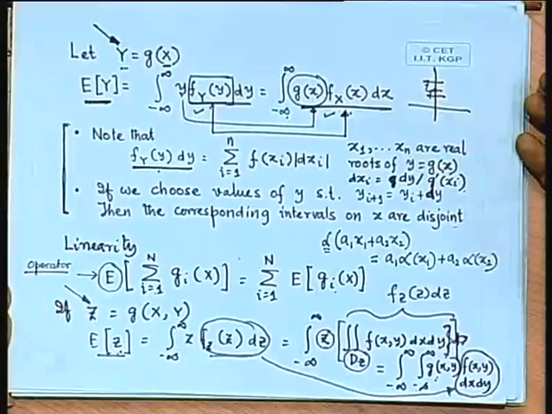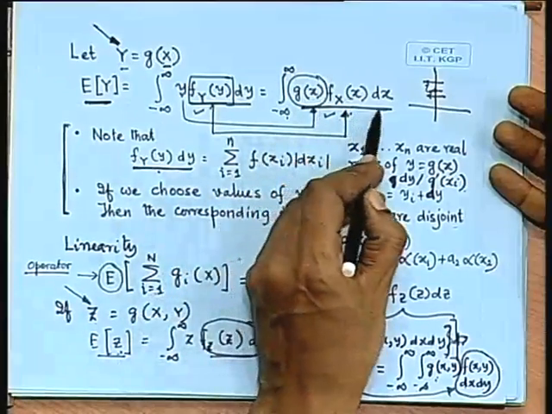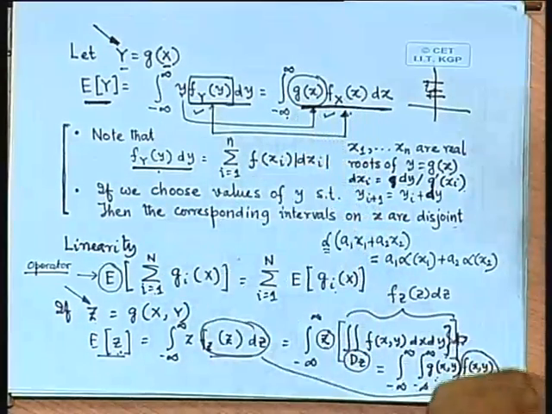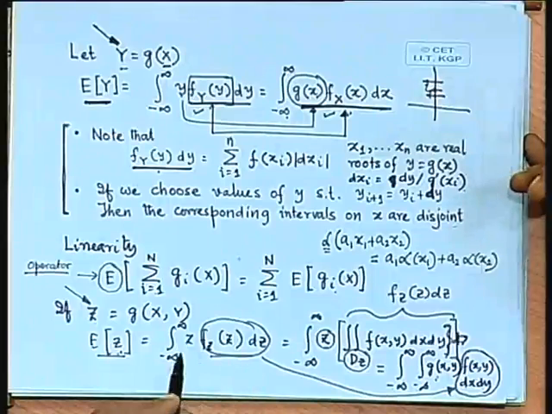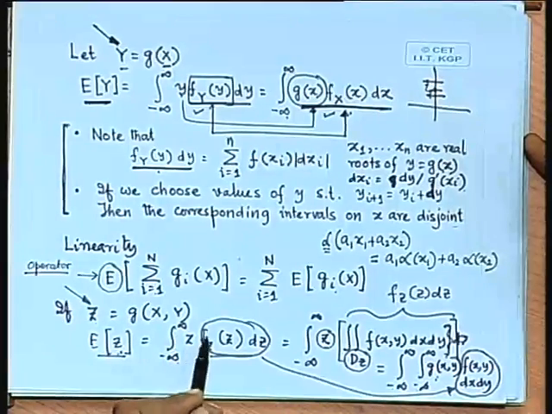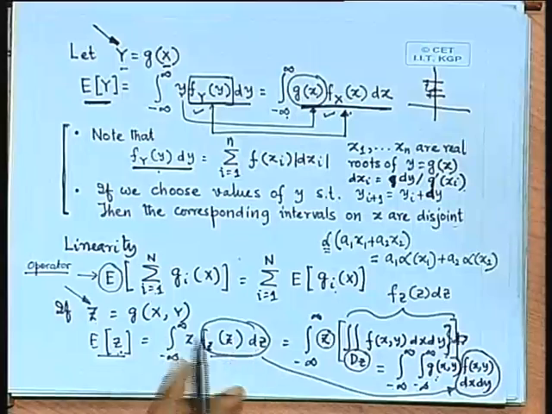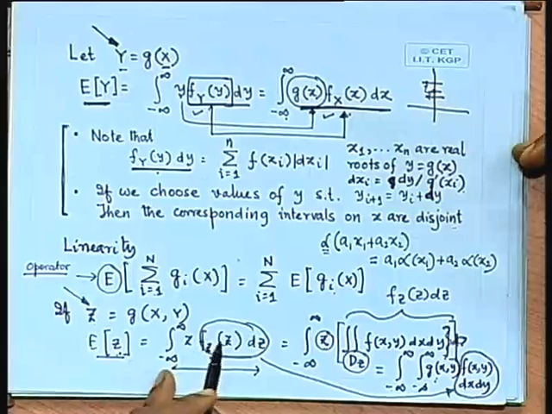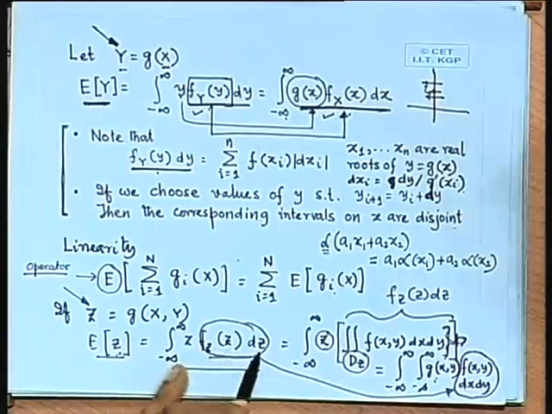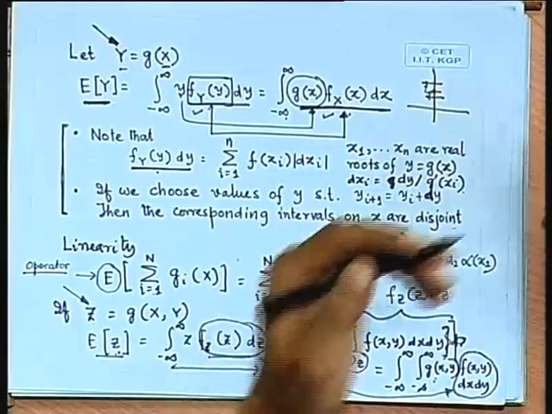We will do exactly the same, in the sense that previously we had taken the integral over the x axis. Now we have to take an integral over a region, because we have a two dimensional space over which z takes values. The basic defining integral is the same: the integral from minus infinity to infinity of z f_Z(z) dz. That is the basic definition of an expectation operator. Now f_Z(z) dz is the probability that z is between z and z plus dz.